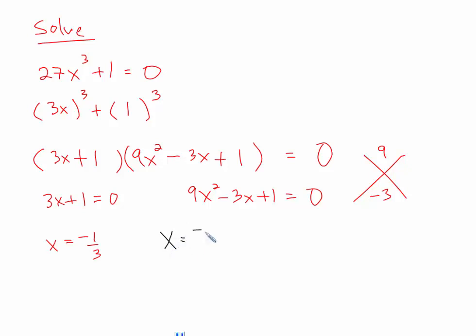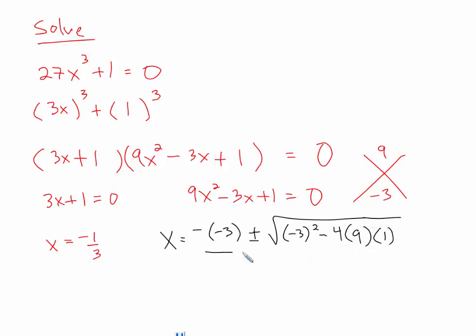So x is equal to negative, what's b? Negative 3. Plus or minus the square root of b squared, so we have negative 3 squared minus 4 times a times c, all over 2 times a, which is 9.